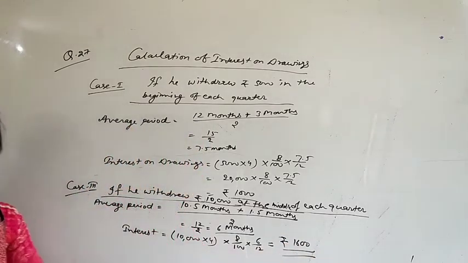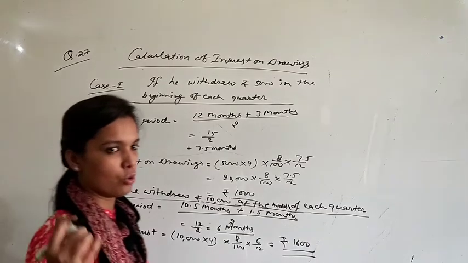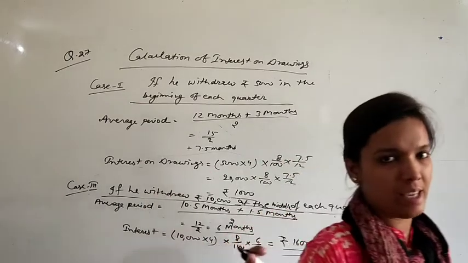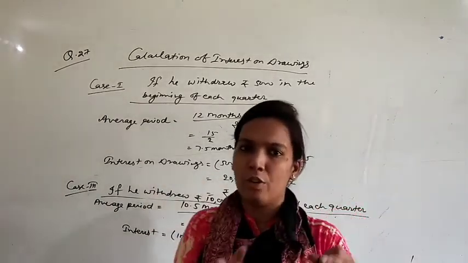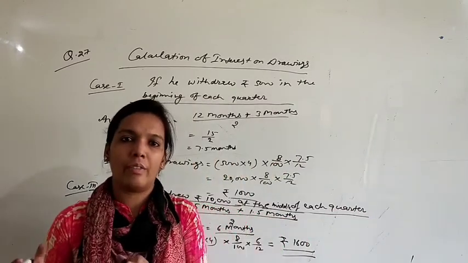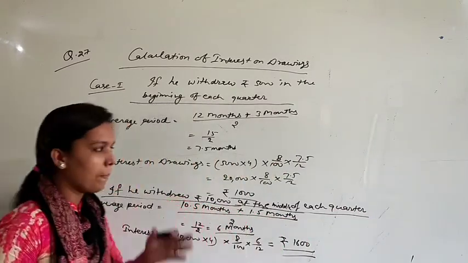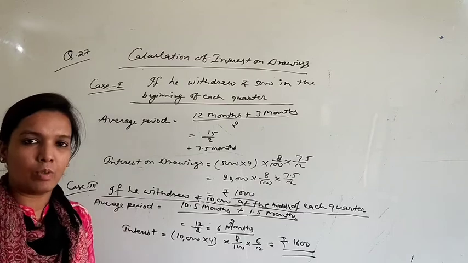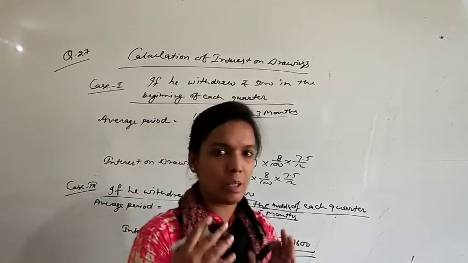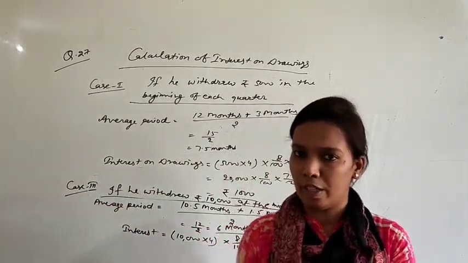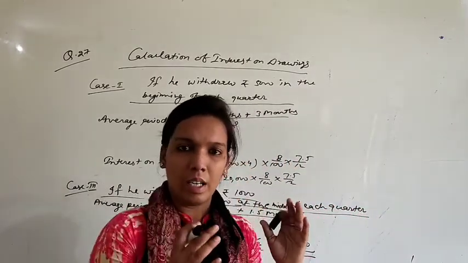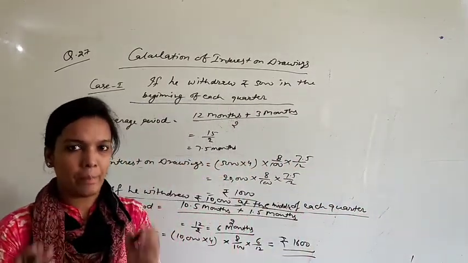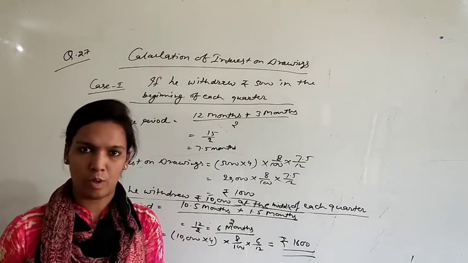So like this we have calculated interest after each quarter. So till now we have studied 6 cases. Out of these 6 cases, 3 are for every month and 3 are for every quarter. Okay. In months we have calculated like in the beginning of every month, in the middle of every month, in the ending of every month, or same for the quarters, in the beginning of each quarter, in the middle of each quarter, or at the end of each quarter.